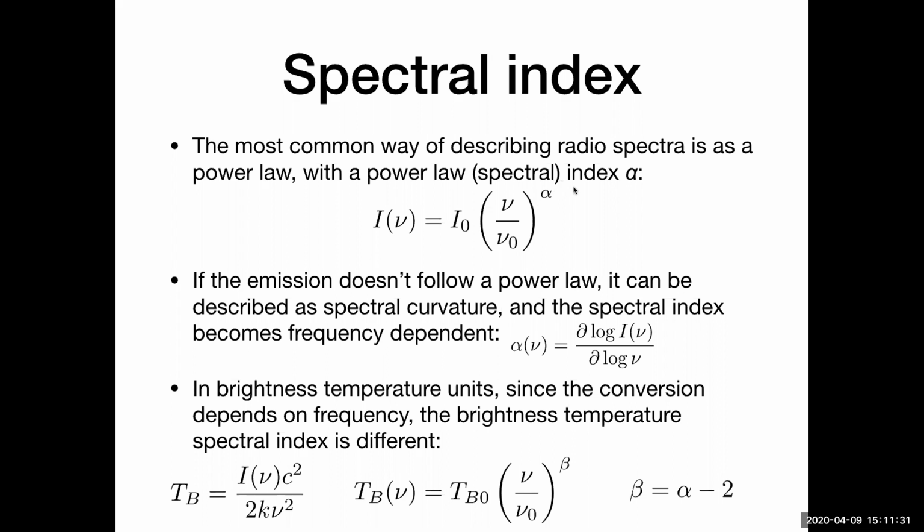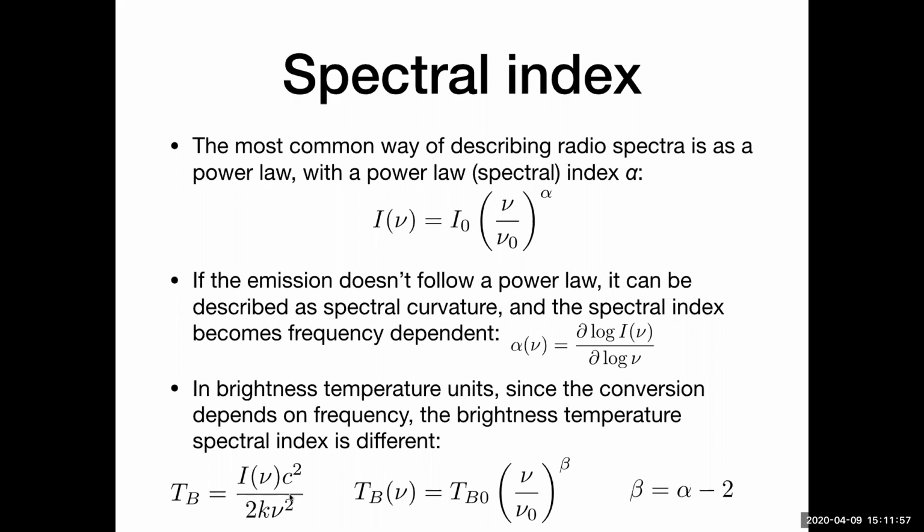One other complication is in the brightness temperature units, where we have this conversion from intensity as a function of frequency to brightness temperature as a function of frequency, defined thusly. People use brightness temperature a lot, quite often in single dish data, and they define power laws there as well.